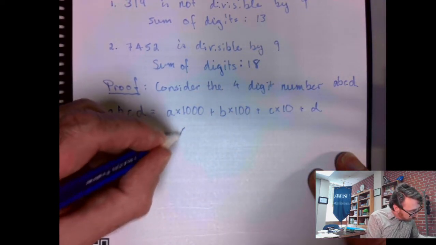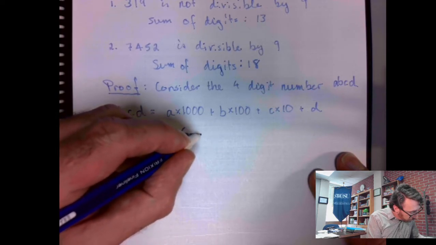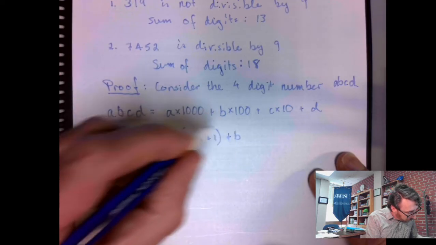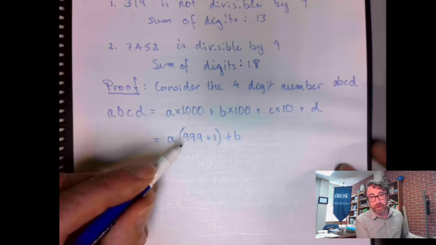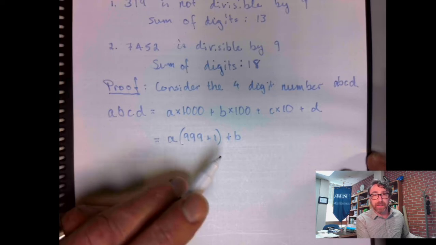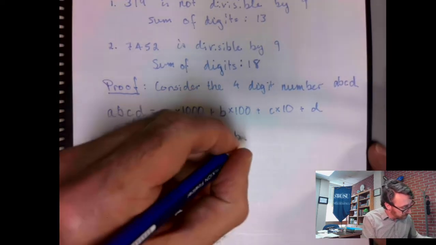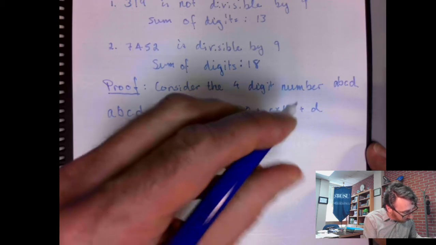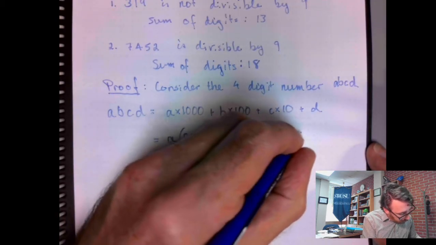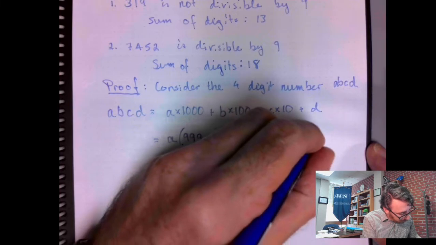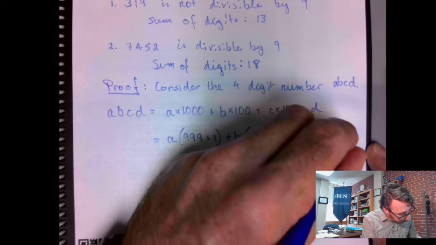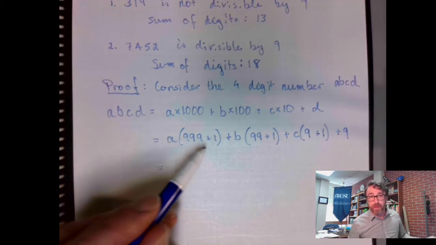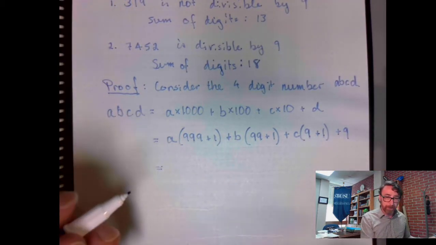Okay, now we're going to rewrite these a little bit. So instead of 1,000, I'm going to think of that as 999 plus 1. Instead of 100, I'm going to think of 99 plus 1. Instead of 10, I'm going to see that as 9 plus 1. Okay, now I'm going to use the distributive property, and I'm going to do some rearranging.